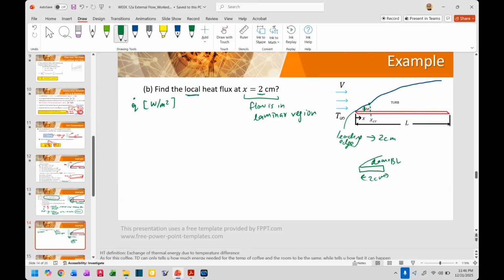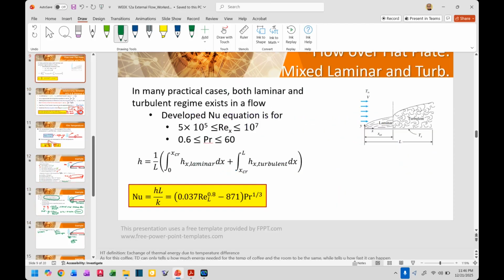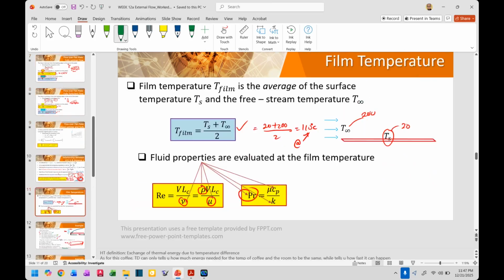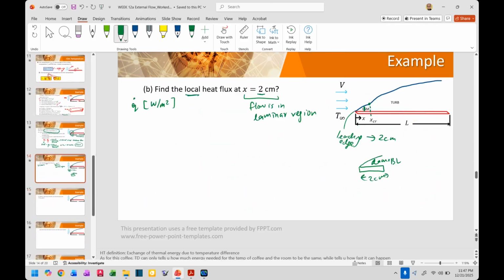So the yellow one tells you that Nusselt number is 0.332, Reynolds number raised to 0.5, Prandtl number raised to 1/3. So you're going to apply that equation. So let's come back and write the equation down. Nusselt number equals 0.332 times Reynolds number to the 0.5, Prandtl number to the 1/3, right?